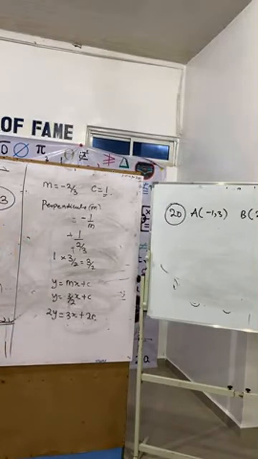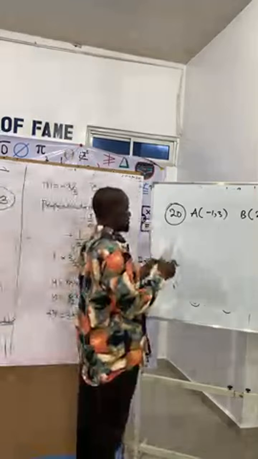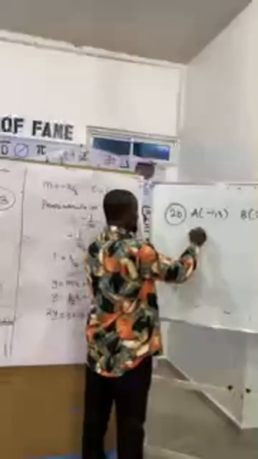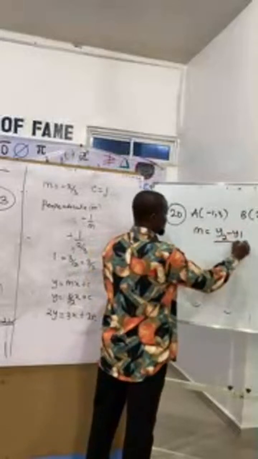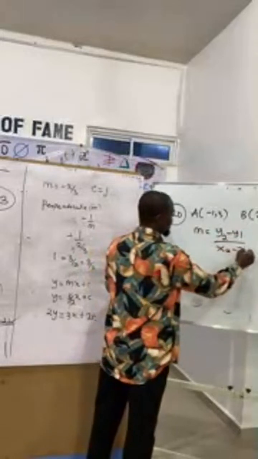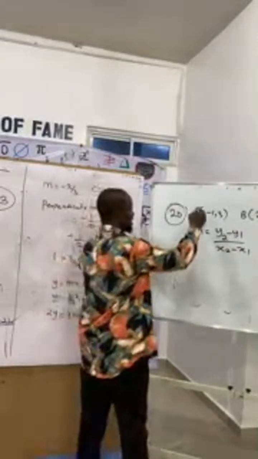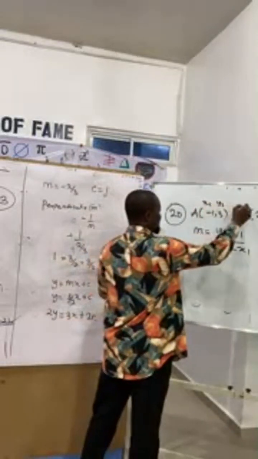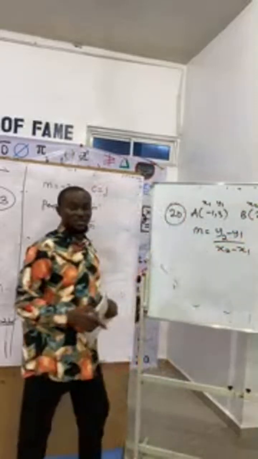Remember the formula for the slope of two points: m equals y2 minus y1 all over x2 minus x1. In this question, we have x1, y1, x2, and y2. Are you following me?